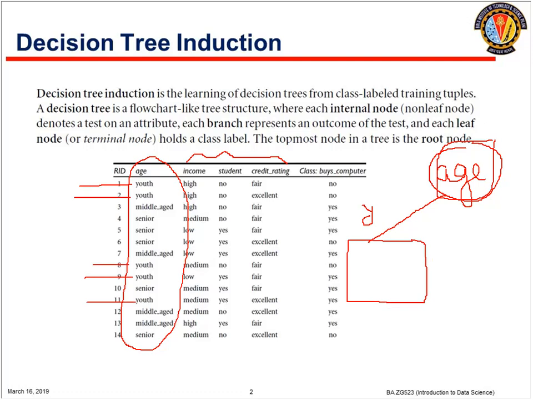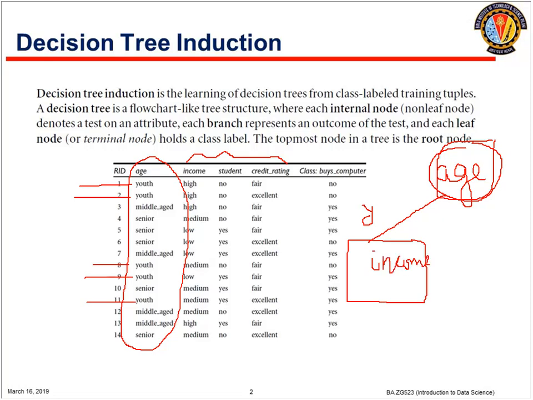So now you have 3 more attributes left, and again you will apply the same method, the attribute selection criteria, to find out which of these remaining 3 should give you the best result at that point of time. Let's say by applying that method, you found out that maybe income was the best attribute among the remaining 3: income, student, credit rating.